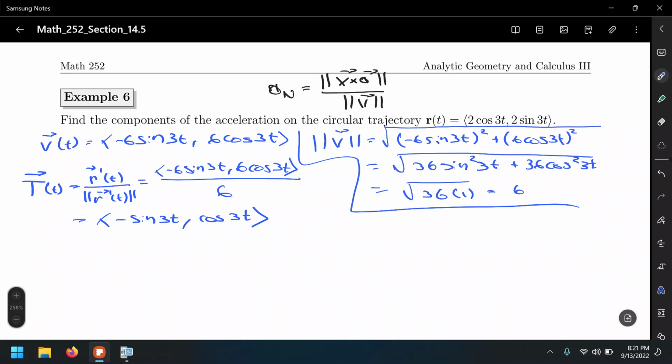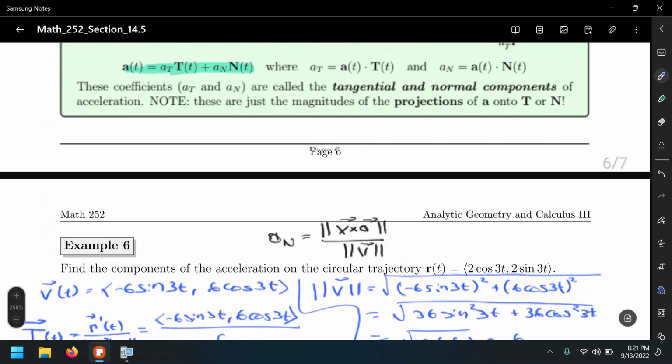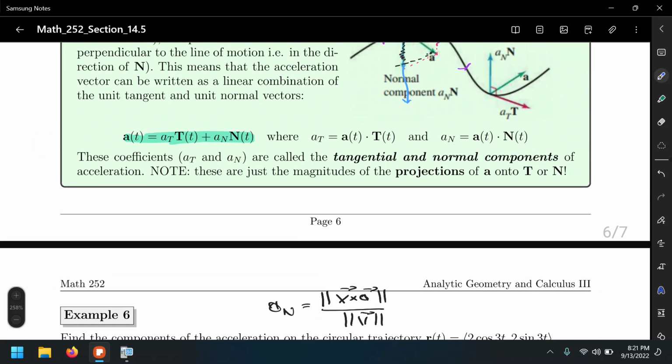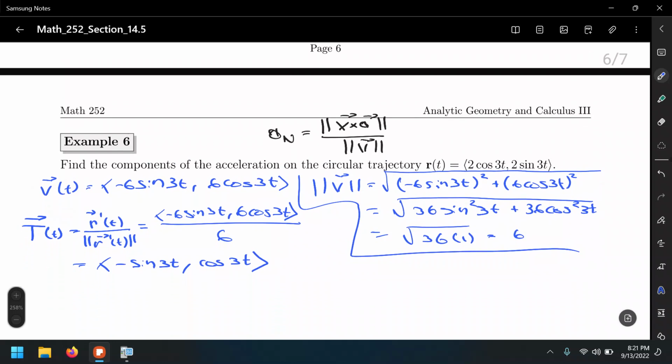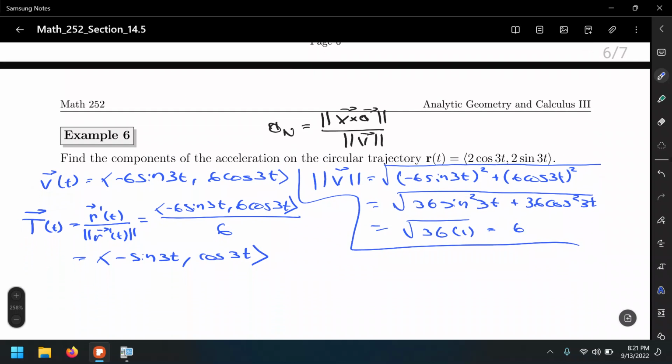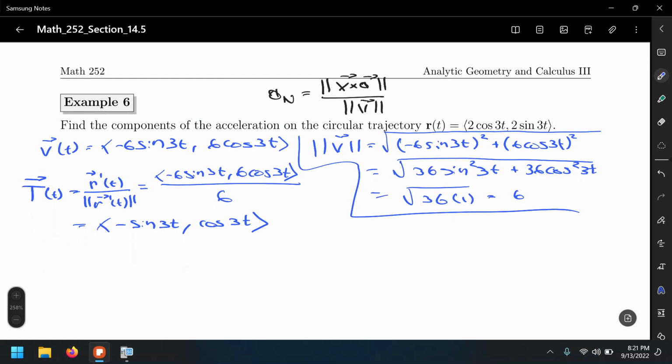Okay. What else do we need to find the normal? We got the tangential, we got the first part, so we need to find the acceleration component. What else do we need? We need the acceleration vector, right?